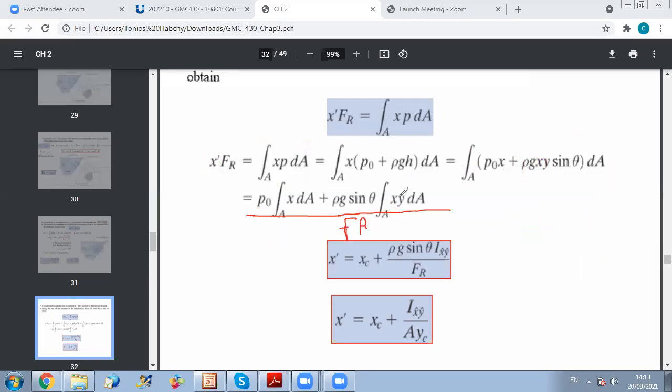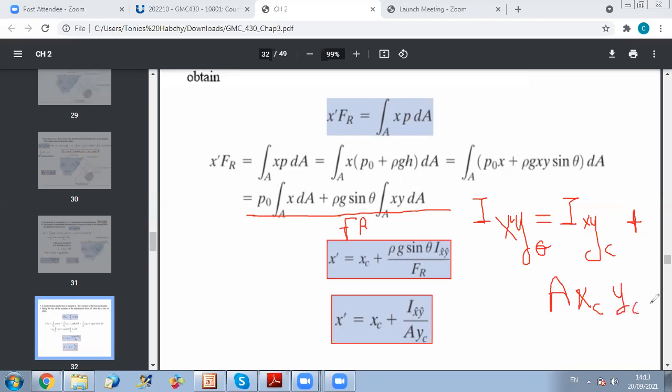You can use the parallel axis theorem to relate the product of inertia, because the product of inertia Ixy about a certain point O can be related to the product of inertia Ixy about the centroid, plus the area of the surface times x of the centroid times y of the centroid.